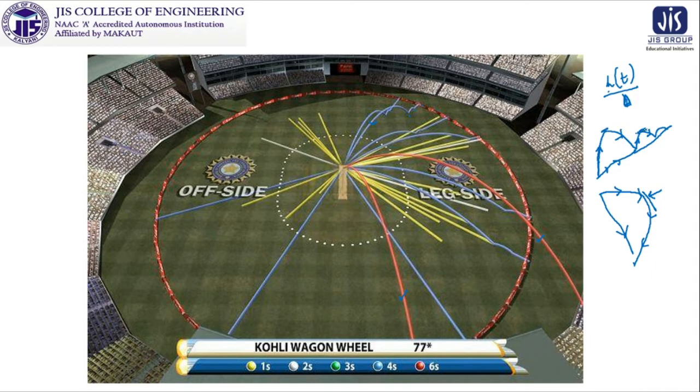Though it has some height from the ground, if you consider only this part, it is also a maximum point. If you consider this part, it is also a maximum point. If you consider this one, it is also a maximum point, but all are local. And in this journey, what is the global maxima? This one.